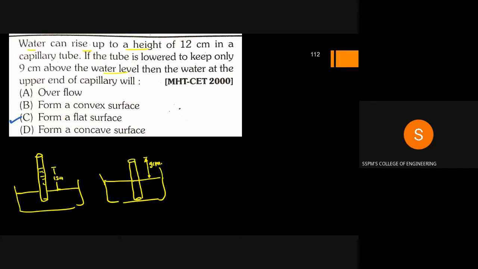Okay. So water will still rise, but it cannot overflow. Okay. So at this end, it will form a flat surface. So correct option is option C.